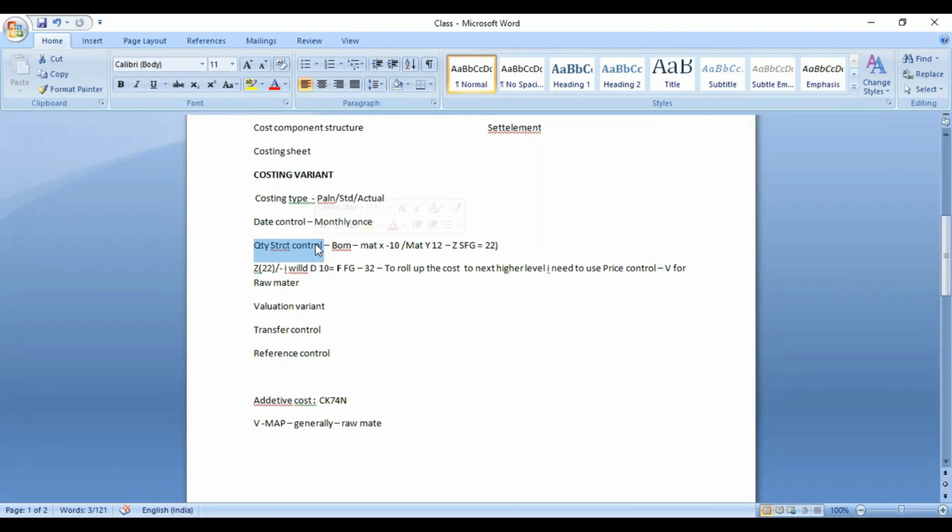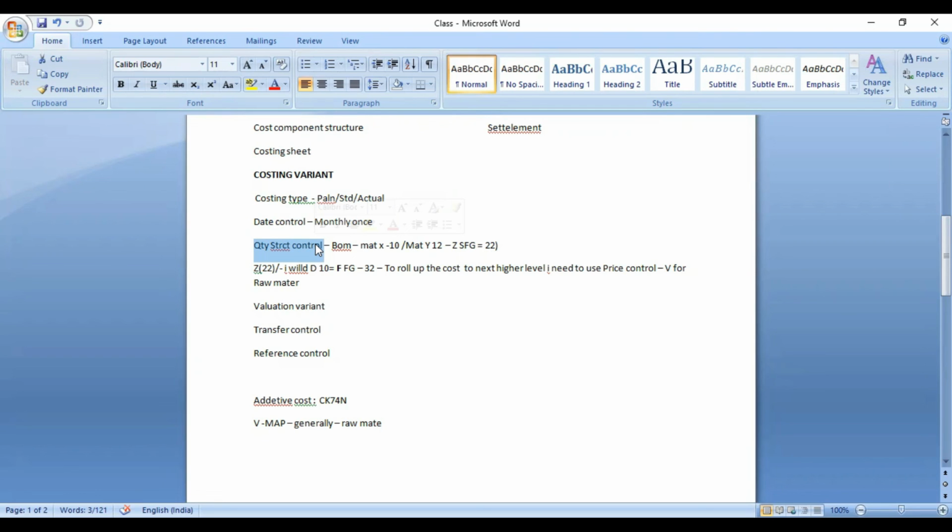I will create it and inform the system, yes, these are my raw materials. And you have to consider the alternative BOM or costing BOM, which BOM it is, and I need to inform the system. Based on the instructions given by us only, the system will react and calculate the final cost.